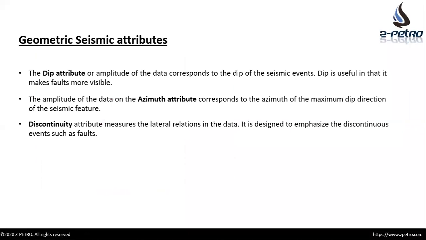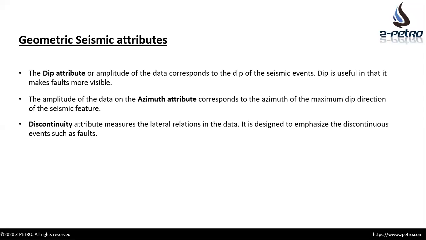We have different geometrical attributes: the dip attribute, azimuth attribute, and discontinuity attribute. The dip amplitude, also known as the amplitude of the data, corresponds to the dip of seismic events. It basically indicates the dipping of your seismic data set, that is, how your lithologies and subsurface structures are dipping.